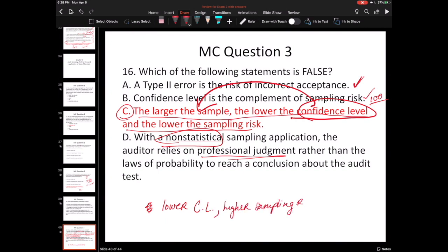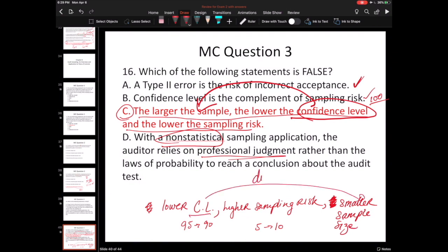Because we know as confidence level goes down, say from 95 to 90, that means my sampling risk is going to go up, say from 5 to 10, because they're complements. So the lower my confidence level, the higher my sampling risk, and the smaller my sample size, because confidence level has a direct impact on sample size.